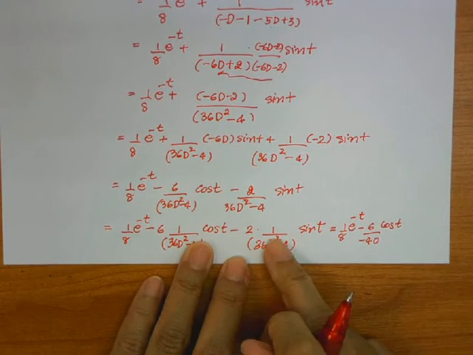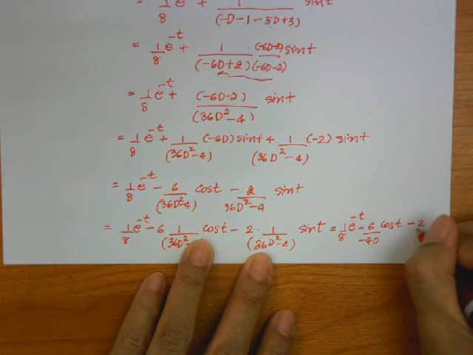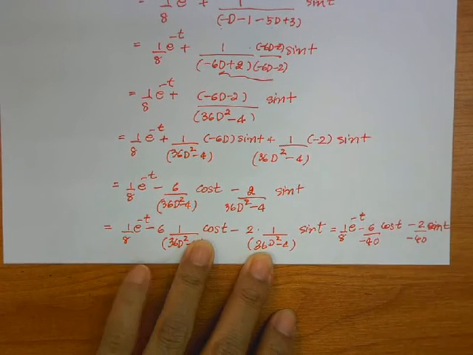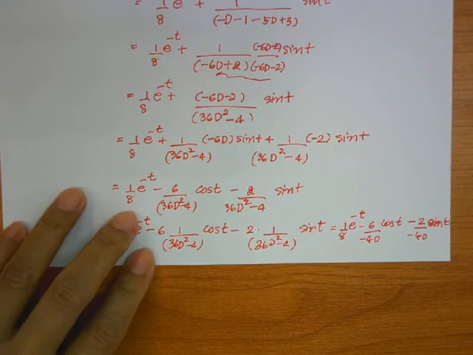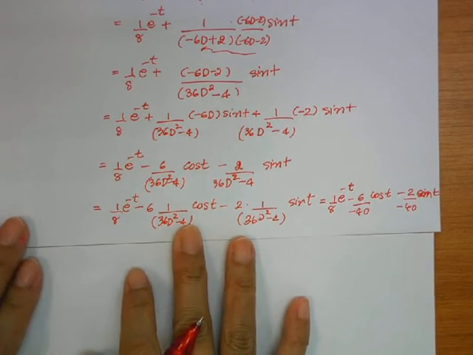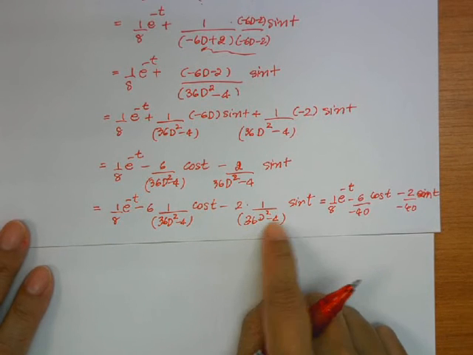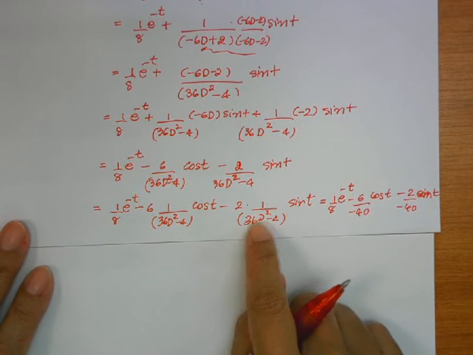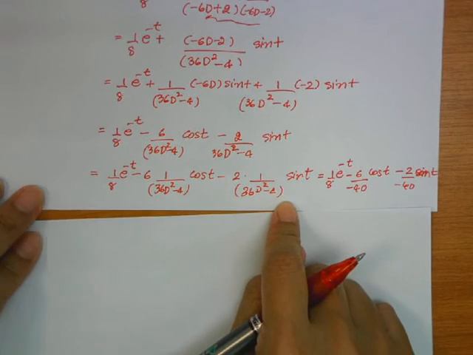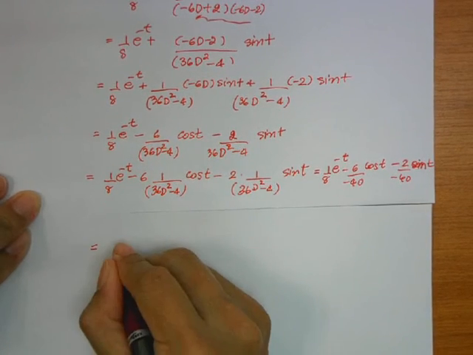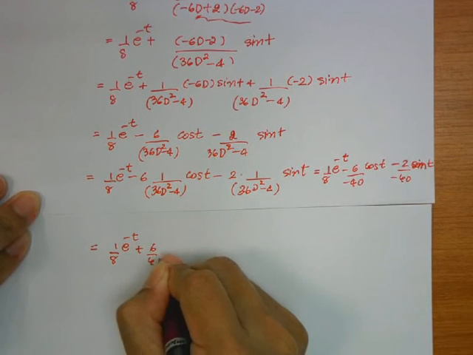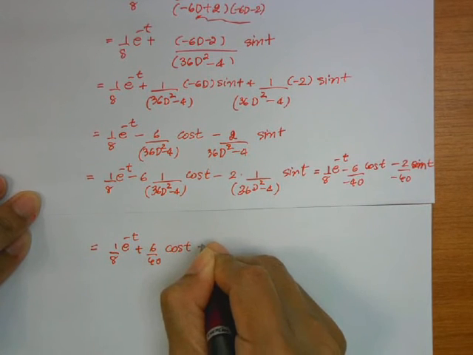Because it is the same number, I would know that. It's the same value of A. So you put minus A squared there, equal to minus 36 minus 4, which is equal to minus 40. Okay, so you would get 1 over 8 plus 6 over 40 and plus 2 over 40.